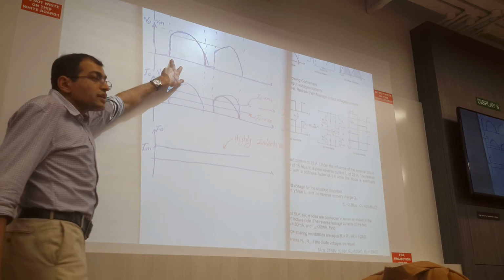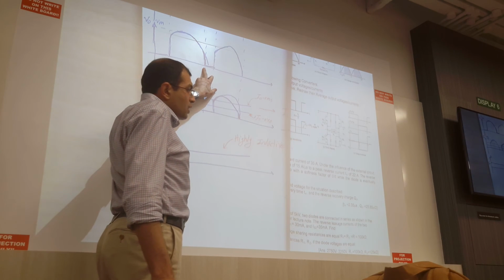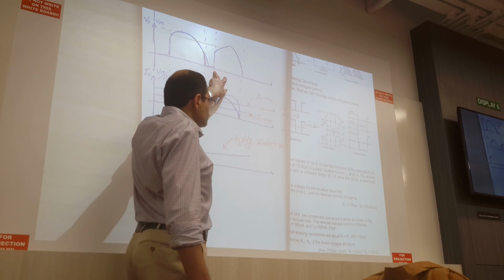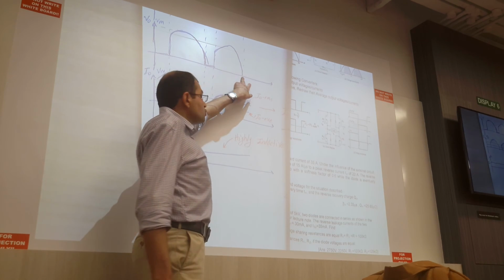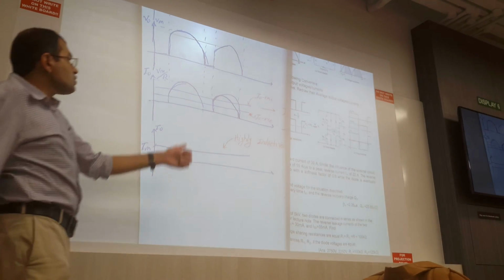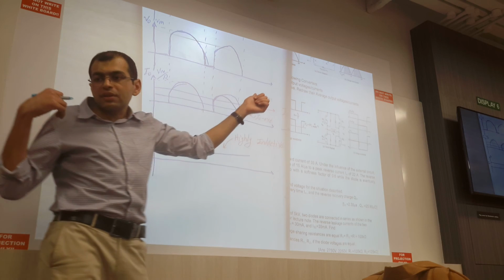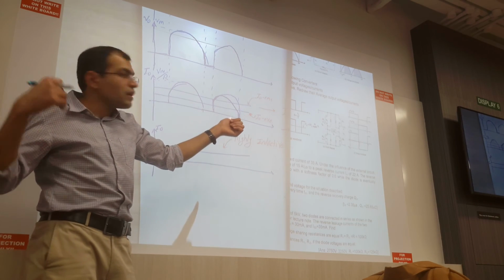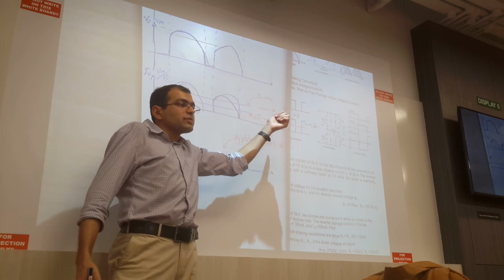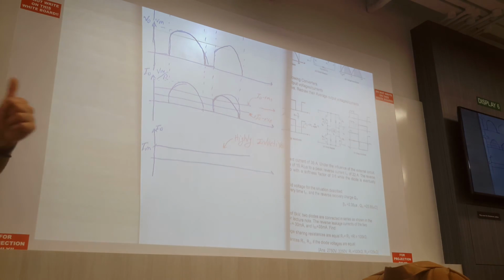So you need to calculate the integral from alpha to pi, and the same way from pi plus alpha to 2 pi. Therefore, I_O RMS will be smaller than the I_O RMS of the previous section, and I_O average will also become smaller than I_O average of the previous question.